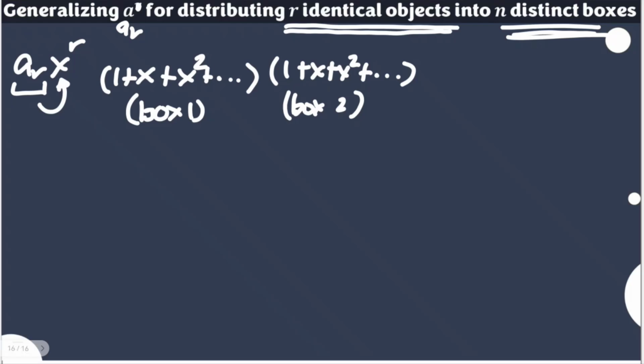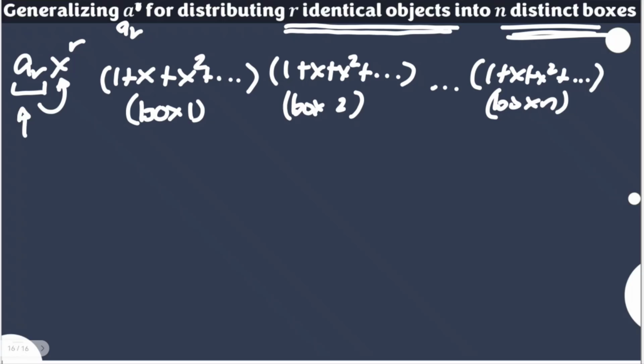So we will have the same generating function here. That is also true for box 2: we could also have 1 plus x plus x squared plus so on and so forth. And since we have n distinct boxes, for the nth box you will still have the same 1 plus x plus x squared plus so on. We are going to identify later the A sub R paired with x to the power of R for our formula.